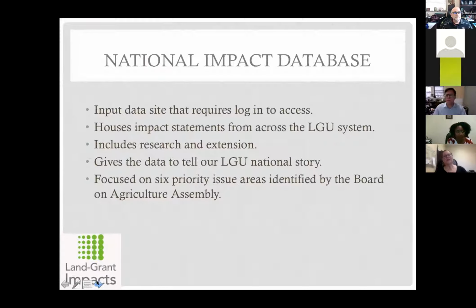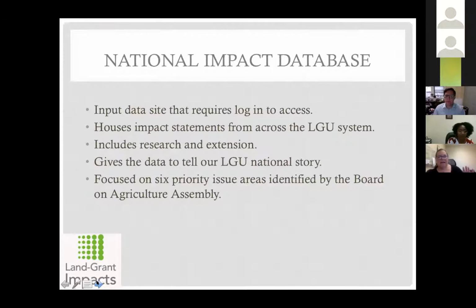So let's talk a little bit about the database. The National Impact Database is an input data site that requires a login to access, and it houses the impact statements from across the land-grant university system. It includes research and extension impacts, and it gives the data to tell our land-grant university national story.